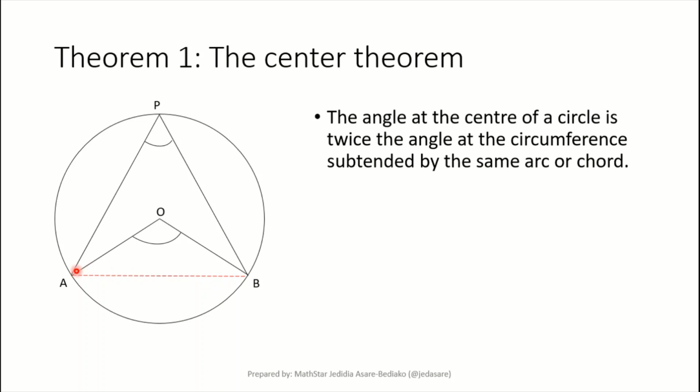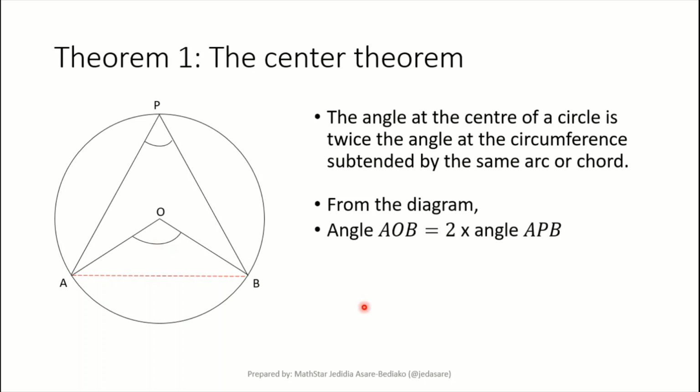So if we have the chord AB forming the angle at the center and the same chord AB in red dashes forming the angle at the circumference, then 2 times the angle at the circumference will give you the angle at the center.